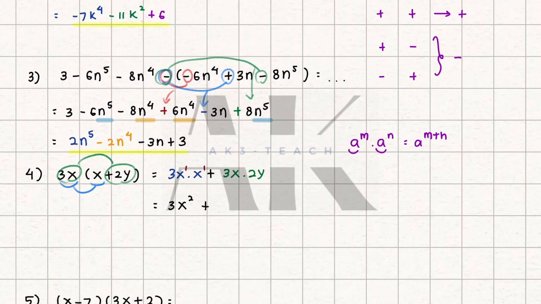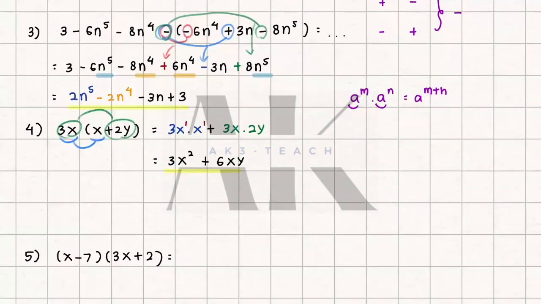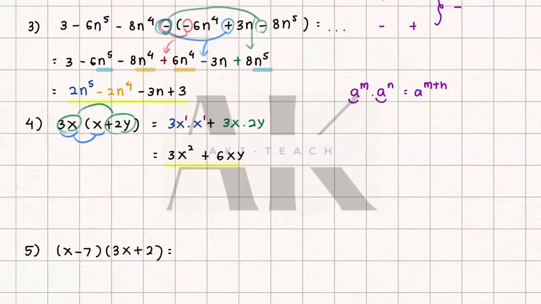And then what do we have at the other side? 3 times 2 gives you the 6. The x and y cannot be mixed. So you let them be in this form. Leave it as xy. And this is the final answer. I hope it's still easy enough for you to follow.